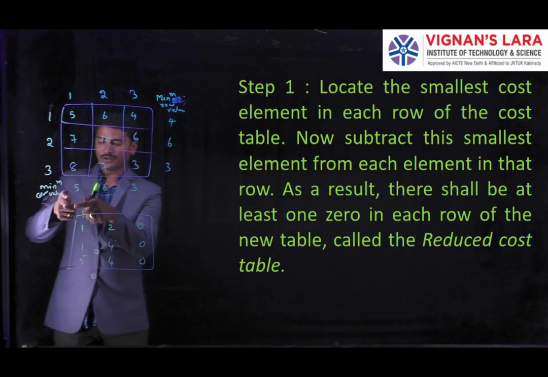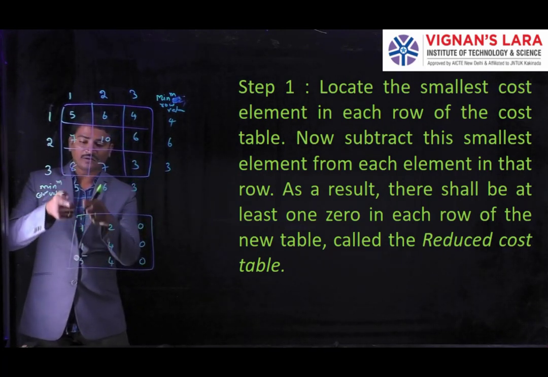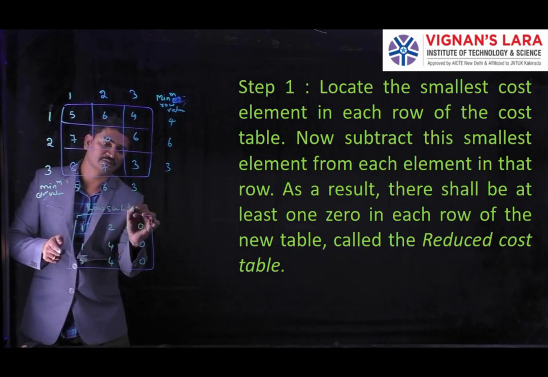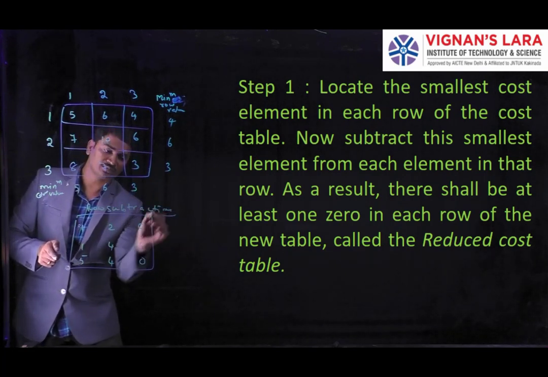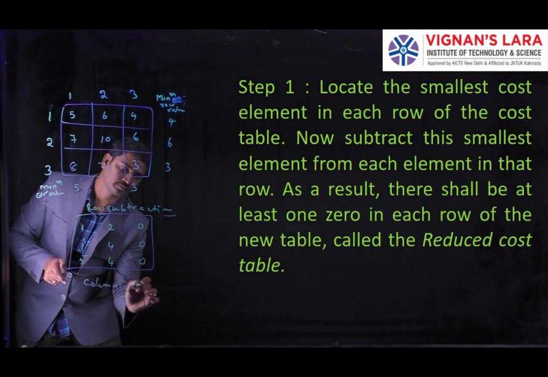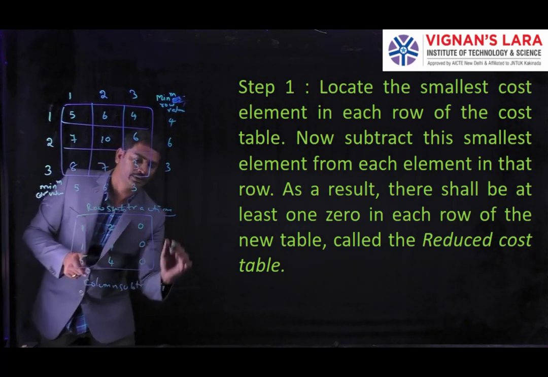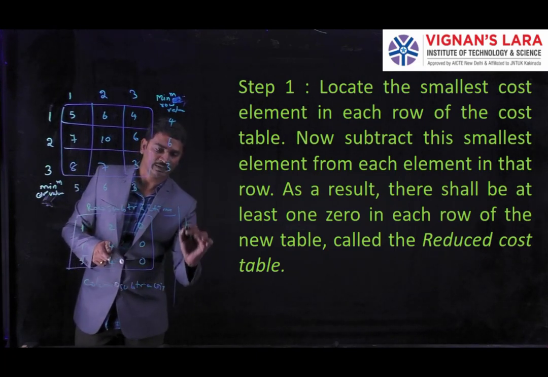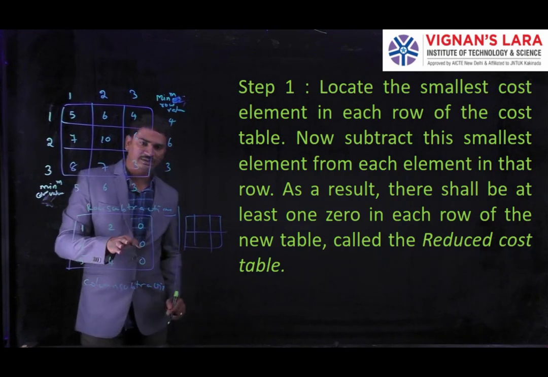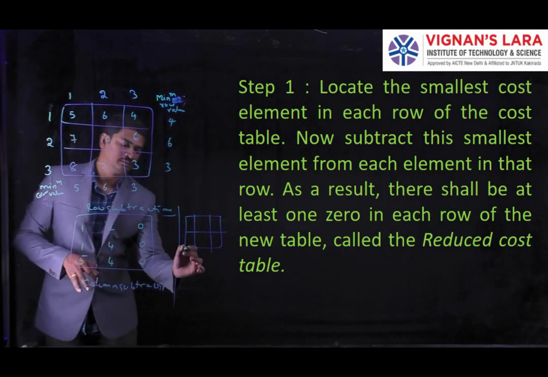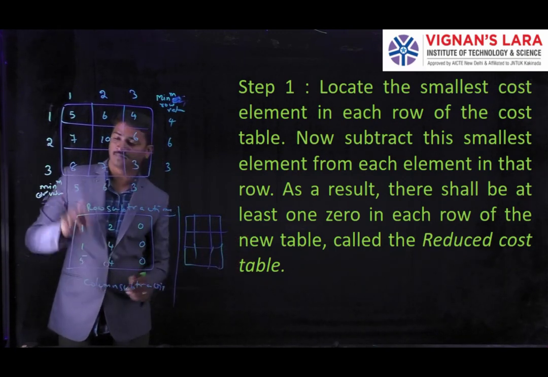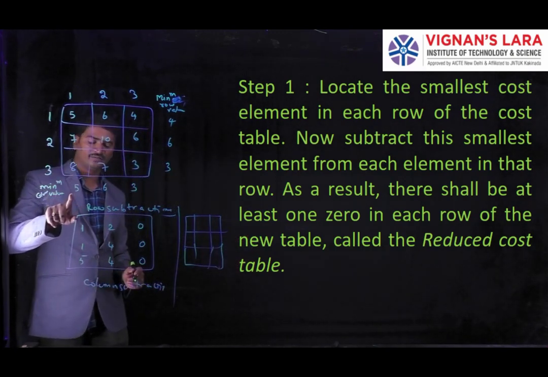This was the row subtraction. Next we come to the column subtraction. In the column subtraction we again subtract the minimum value. What is the minimum value in the first column? Here the first column minimum value is 5.